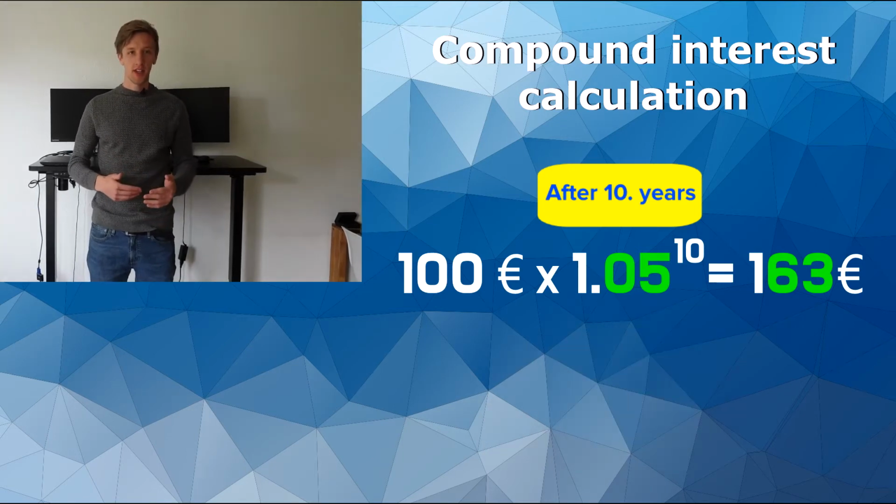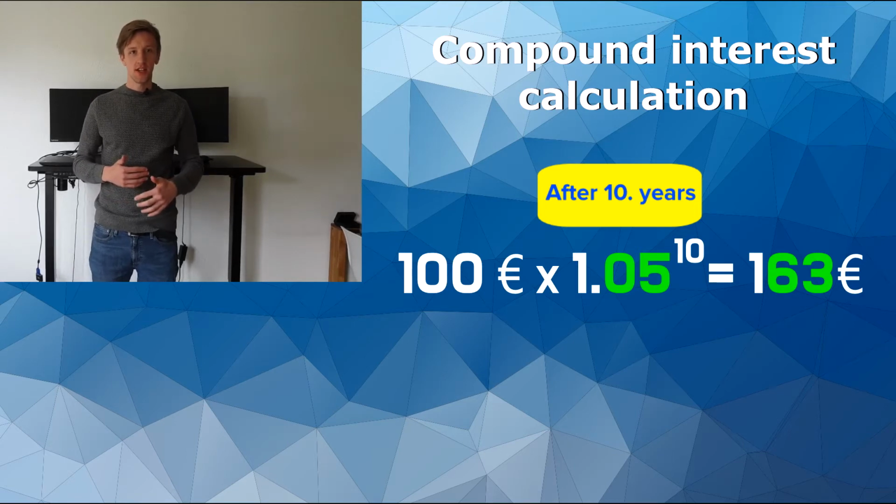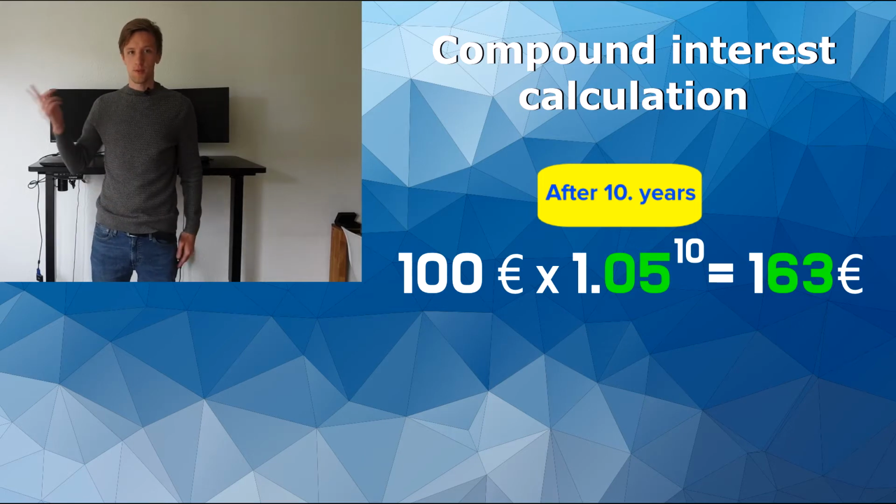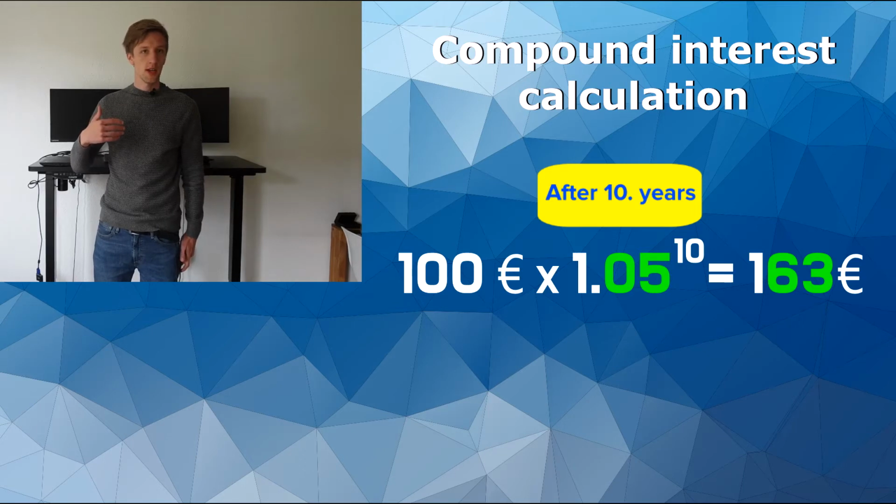For a better understanding, we have neglected inflation here, which can ensure that 163 euros in 10 years would not have the same purchasing power as today. However, we'll make more videos explaining inflation and deflation and how these effects affect your savings account and your investments. But today I would like to stick to the compound interest effect and make it more understandable for you guys.